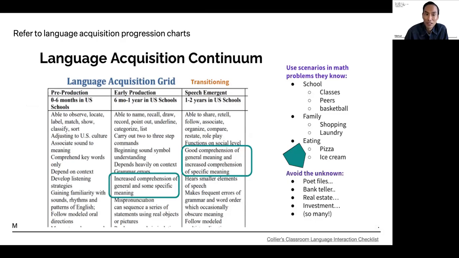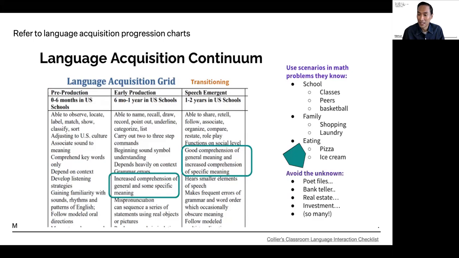You can see that pre-production phase between 0 to 6 months in US schools, students are able to observe things, normally noun-related and verb-related words that they can say, they can listen to you and say back. As they get to the 6-month and 1-year time in the United States, they come out of that silent period and are able to understand 1 or 2 step commands, for example, or they can name things, recall things, and draw things from what you say verbally.